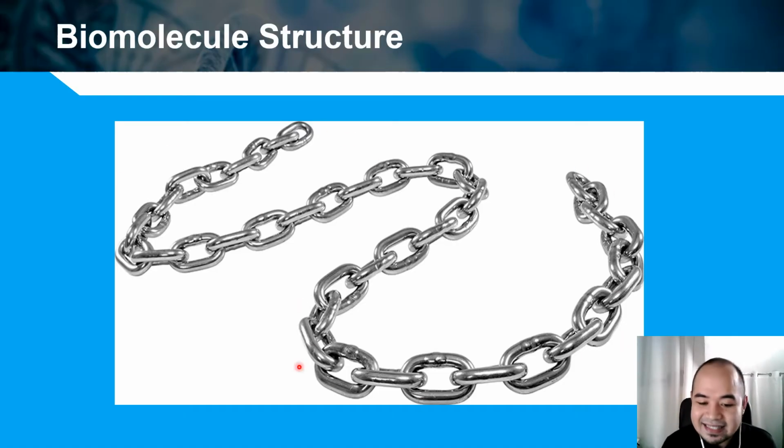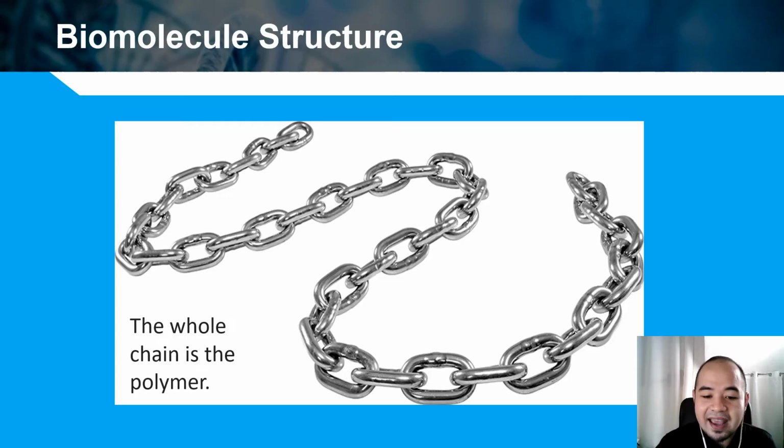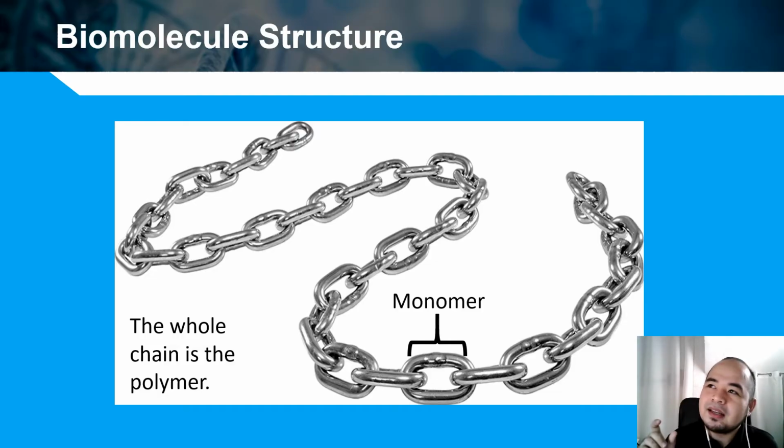Because this is a polymer, okay, and then one link is actually a monomer. Each of the biomolecules has its own monomer. However, there is one group that is a bit more diverse because it has no repeating monomer for all its types. Okay, later on you will discuss that.